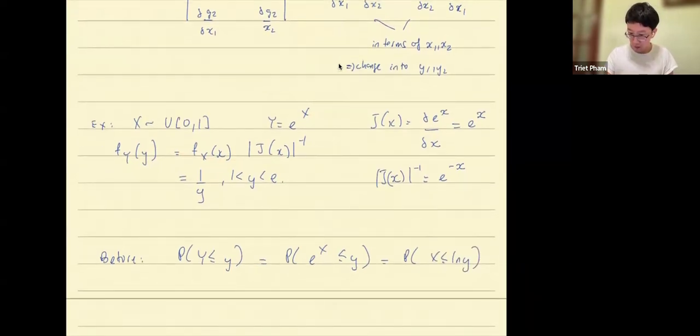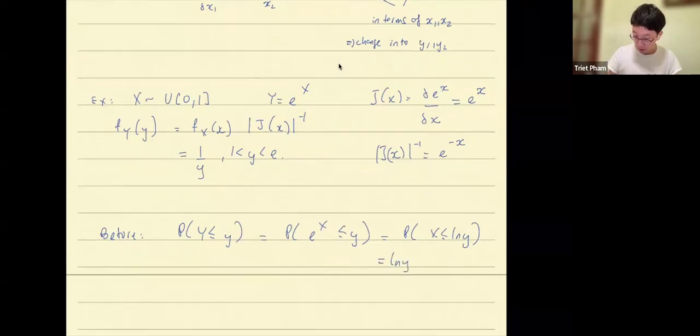And that's because x is uniform from 0 to 1, that's log y. Therefore, the density is 1 over y, right? And so you see.